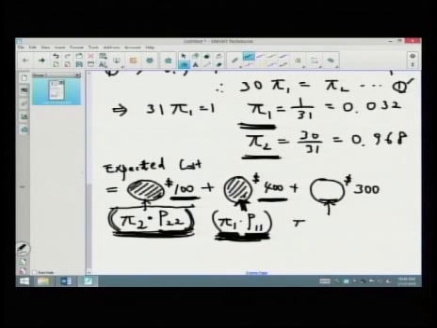Let's start from pi 1. Times what? Pi 1 and P12, plus pi 2 and this time P21, exactly. It should start from P21, right? It's going to be pi 2 times P21.